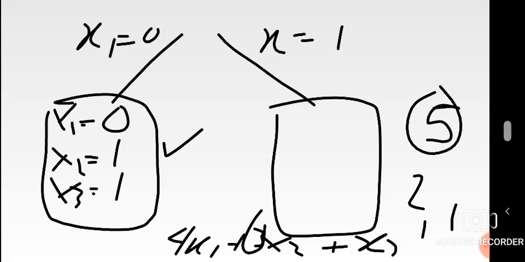Then try this other branch when x1 is equal to 1, meaning you have accepted item x1. You even put a 1, assign a 1 immediately. Then on the remaining 2, you follow the rank because you want to know which one you choose, since x1 has been accepted according to the branch. On the remaining 2, x2 still has the highest rank.